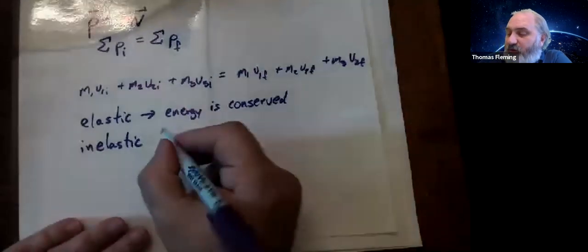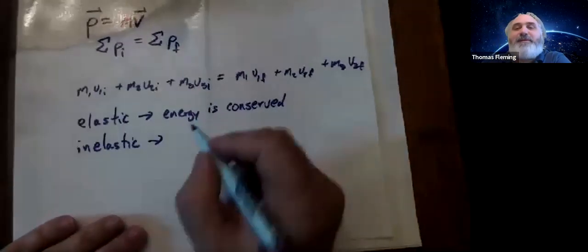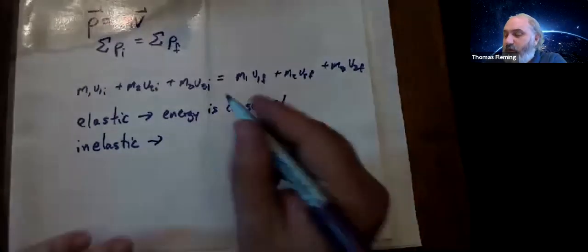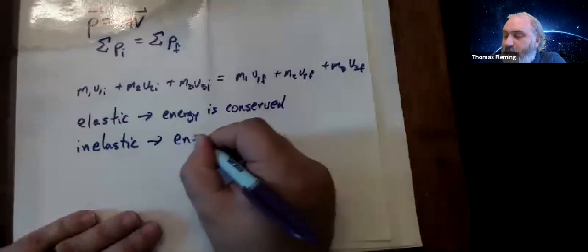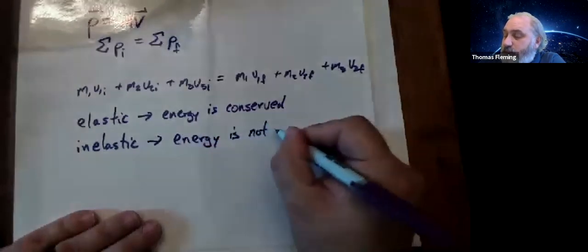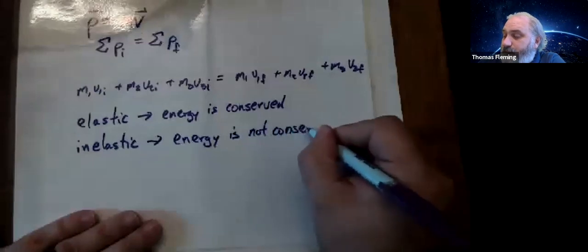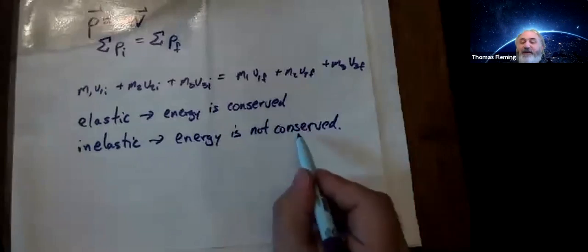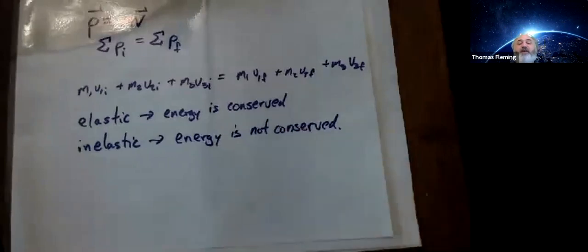If I have a collision that's inelastic, then I'm going to have a different amount of energy before the crash than I have after the crash. So the energy is not conserved. Because I can't count on the energy being conserved in an inelastic collision, I have less information with which to construct equations.